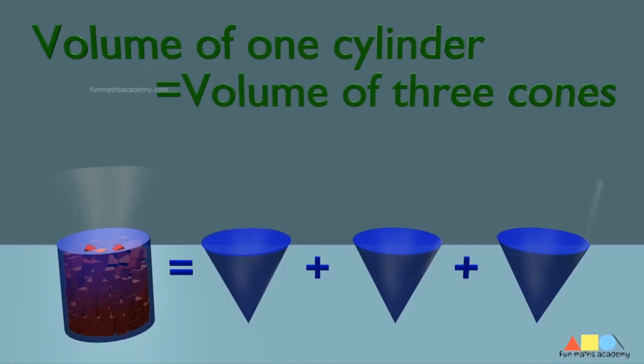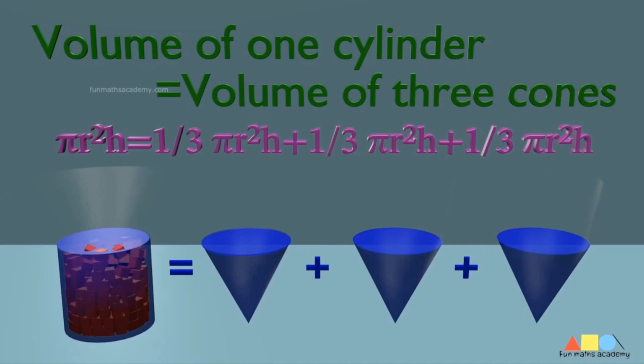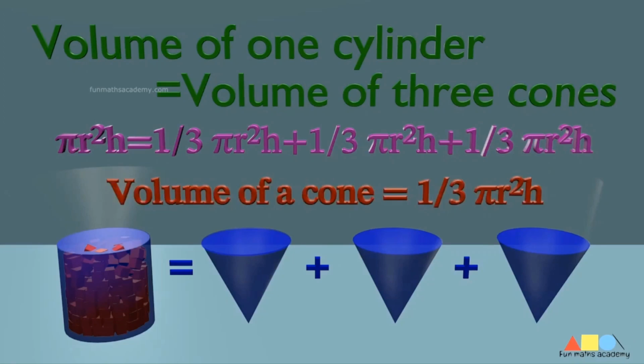Now we can divide the volume of the cylinder into 3 parts and write it each as volume of one cone. So from this we see that the volume of cone is equal to 1 by 3 pi r squared h. So finally we understood the relation between volume of a cone and volume of a cylinder.